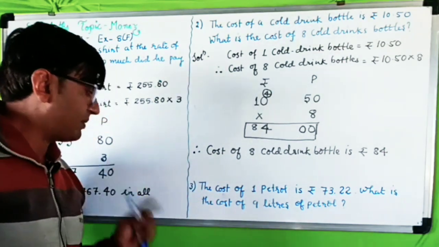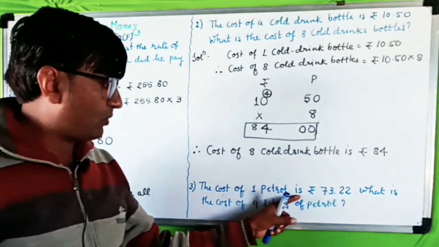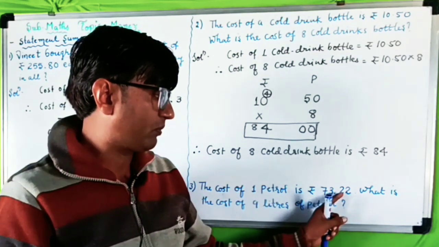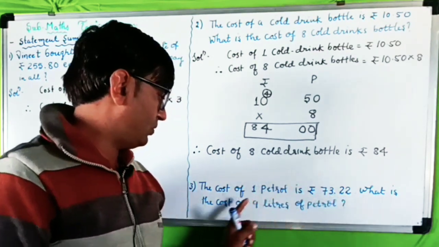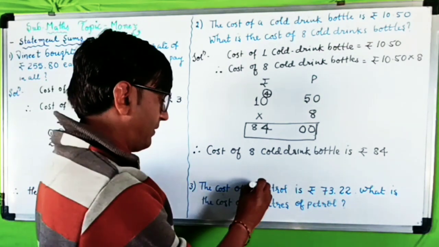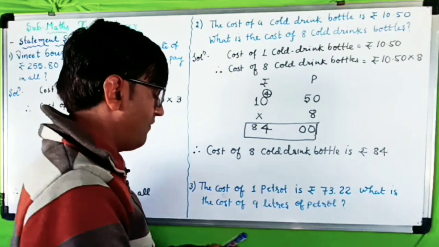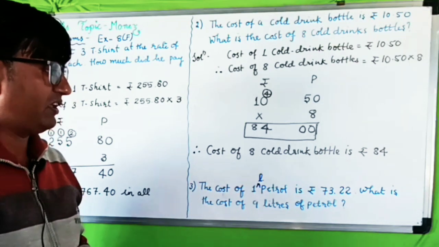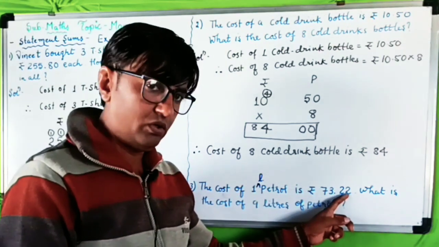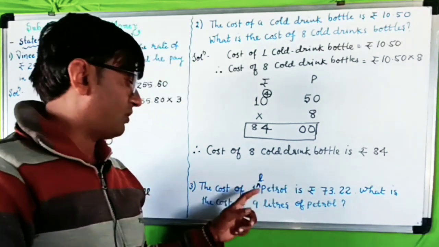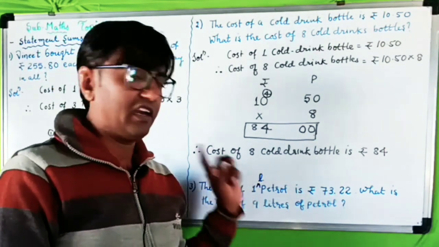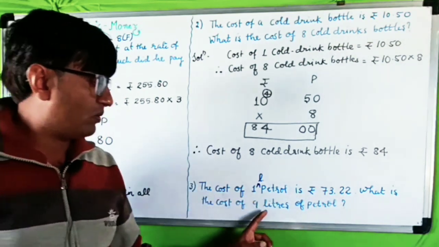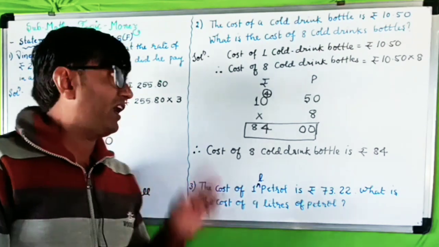Now question number 3. The cost of 1 liter petrol is rupees 73.22, means 73 rupees and 22 paise. What is the cost of 9 liters of petrol? We have to find out the cost of 9 liters of petrol. Okay, I will solve here.